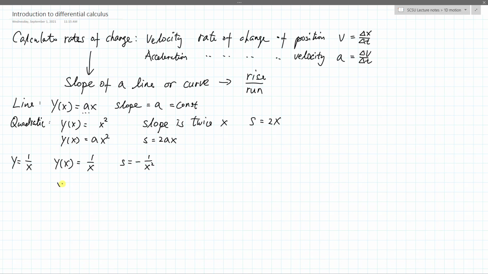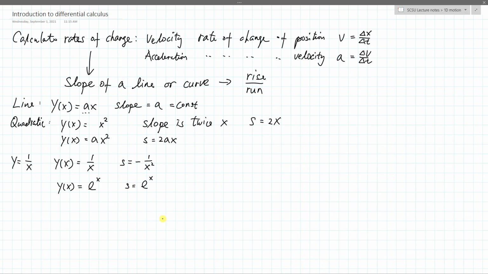We'll have y of x equals exponential function of x, and the slope is the same as this y function itself, e to the x, because we just checked the slope values are exactly the same as the y values. So that's an interesting function.